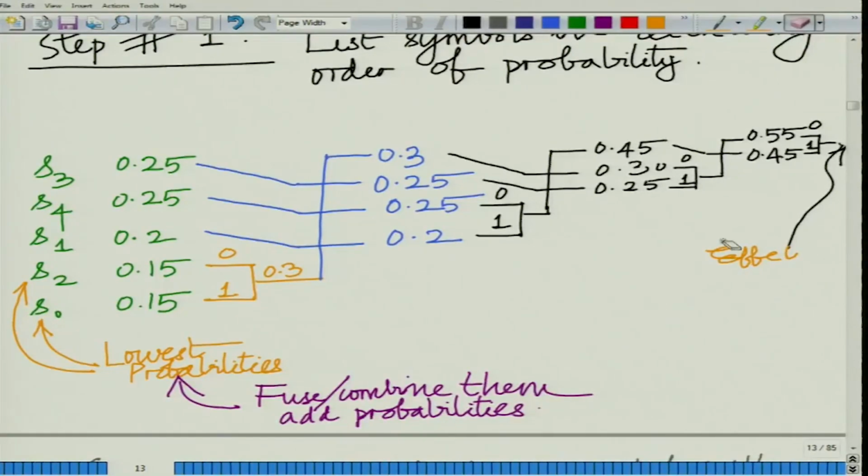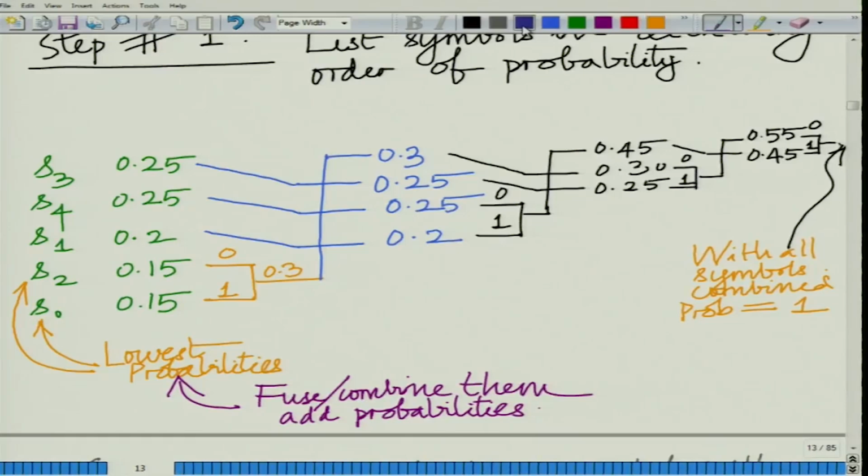So this is where all symbols are fused, all symbols combined. Since we are adding all the probabilities, in the final stage we will get a fusion of all the symbols, and the probability of that will be 1.